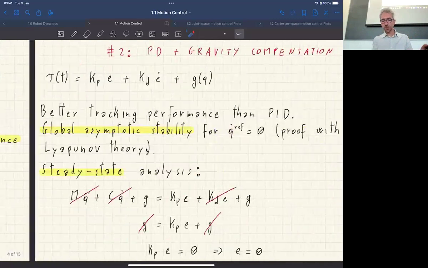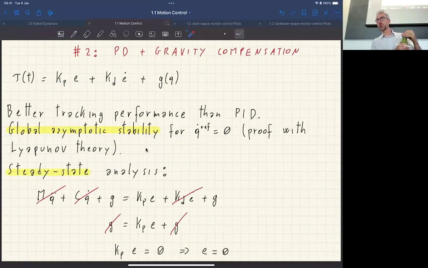Okay, let's move on to a slightly better control law, which is PD plus gravity compensation. So here we are using some model information, but not all of it. So the controller is the following one: tau equal Kp times the error plus Kd times the derivative of the error plus gravity terms.